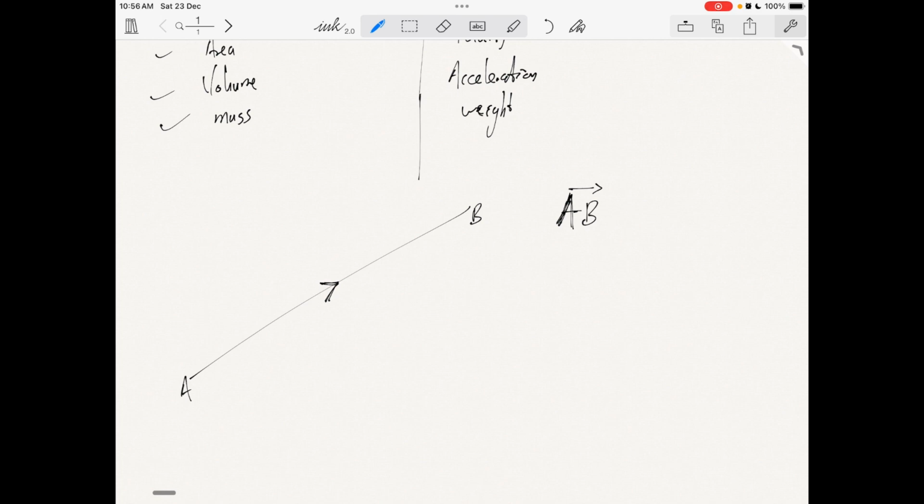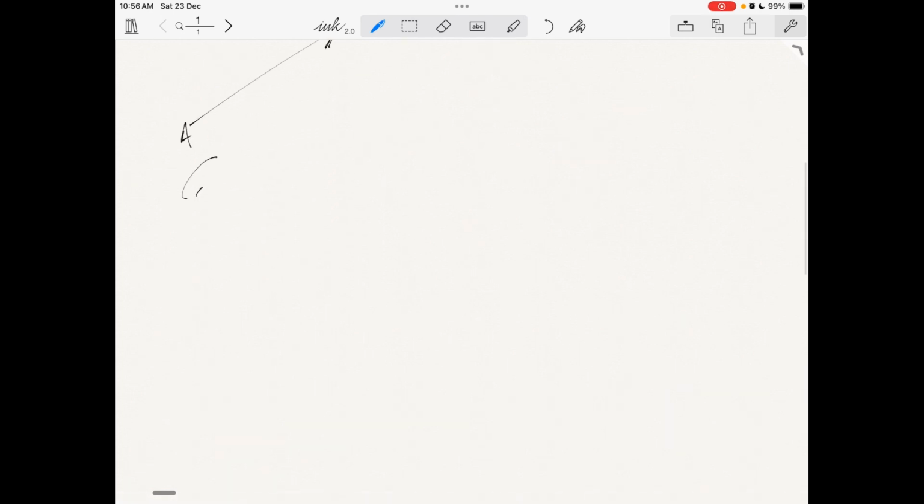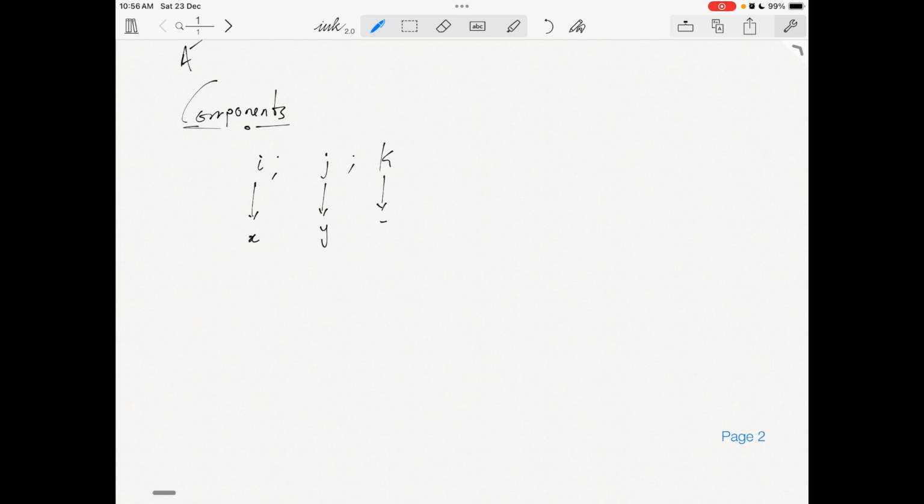Now, when we come down to components of vectors, vectors have three components in general. We have the I component, the J component, and the K component. The I component is similar to the X direction, the J component represents the Y direction, and the K component represents the Z direction.